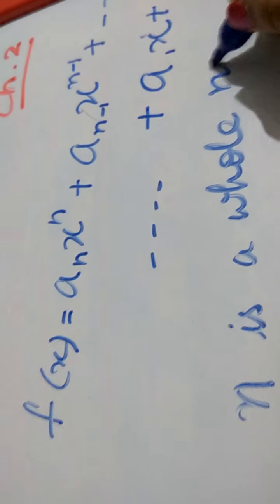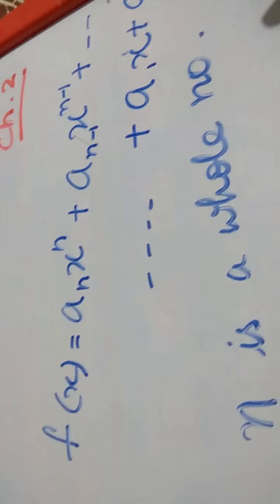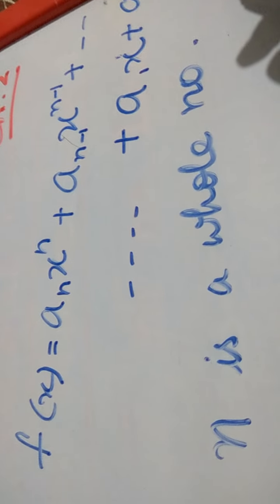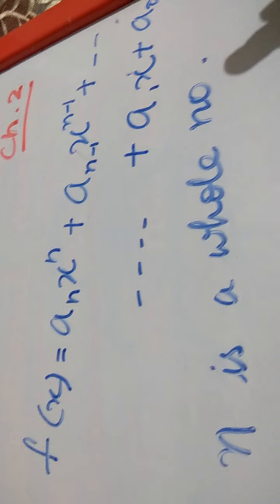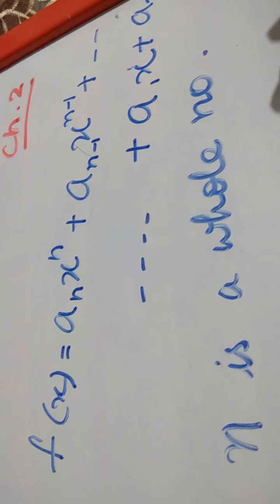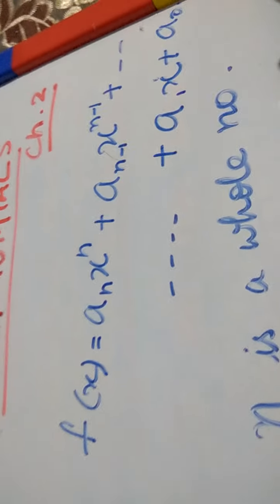So this is one important condition, that in a polynomial the power of the variable must always be a whole number. That means it can be 0 but it cannot be negative. All the positive integers can be there.